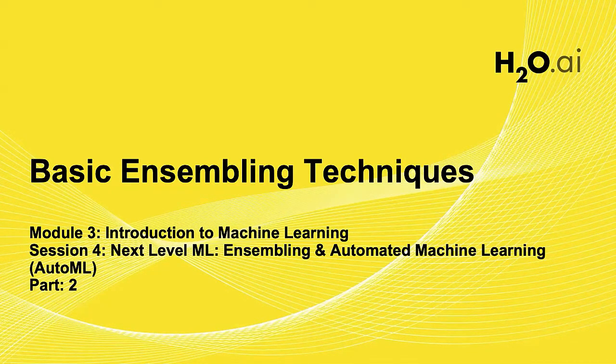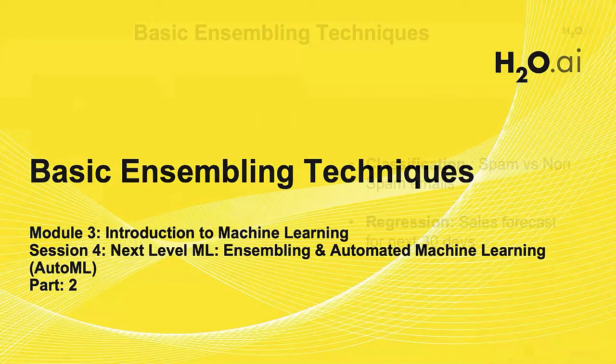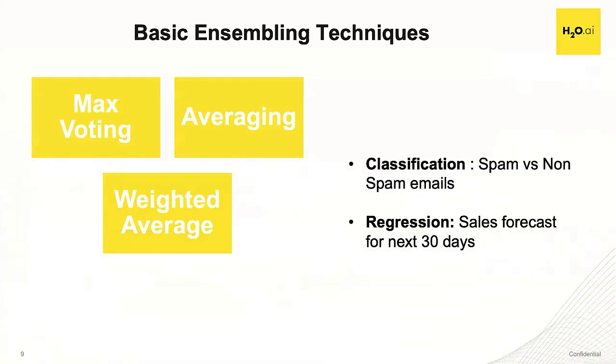So let's begin with the basic ensembling techniques. Broadly, there are 3 main techniques: maximum voting, averaging, and weighted average. All these techniques could be used for classification problems as well as regression problems. And I think by now you can easily differentiate between both these kinds of machine learning problems.